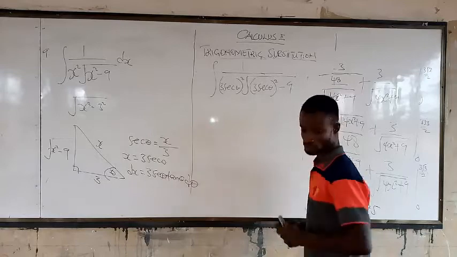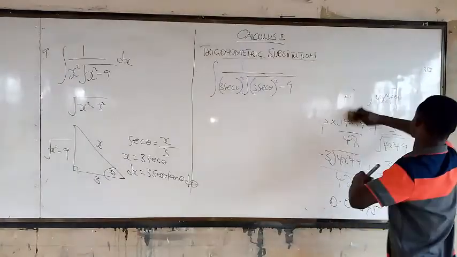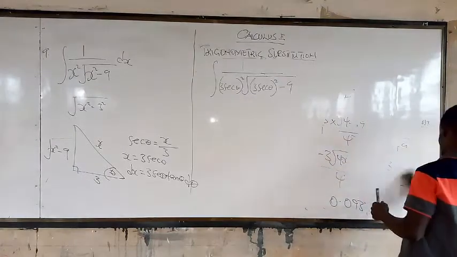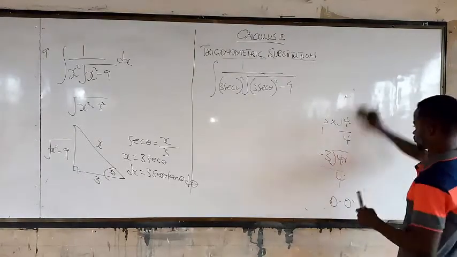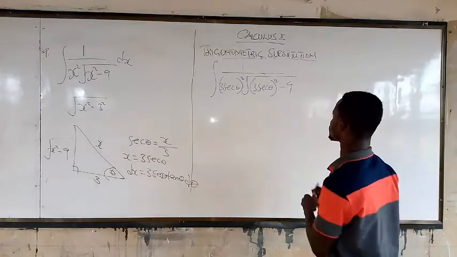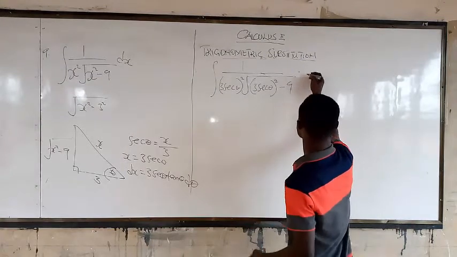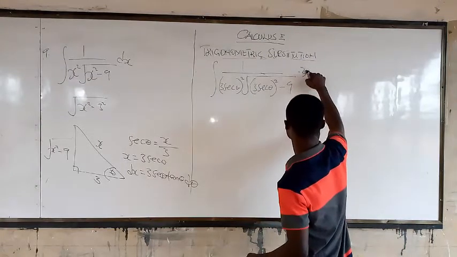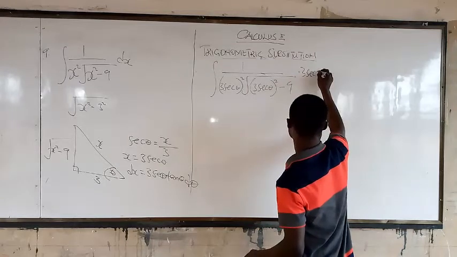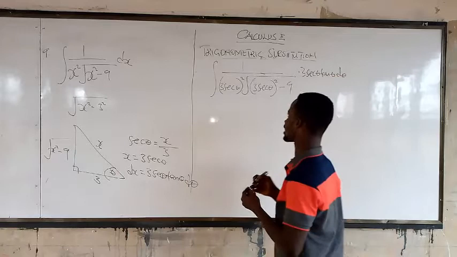And we get ds to be 3 sec theta tan theta d theta.